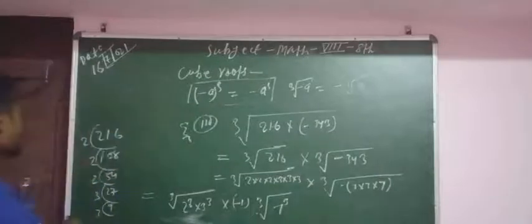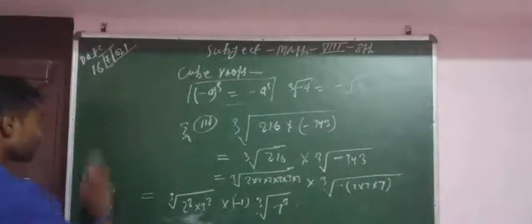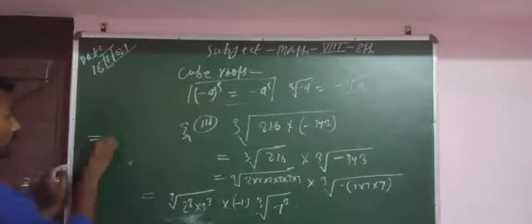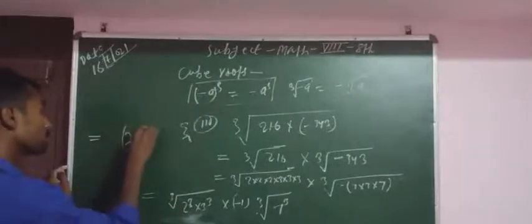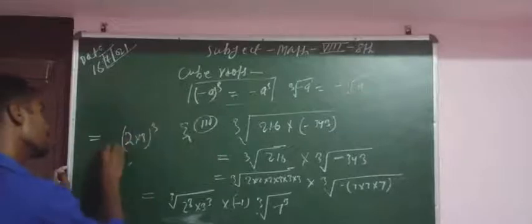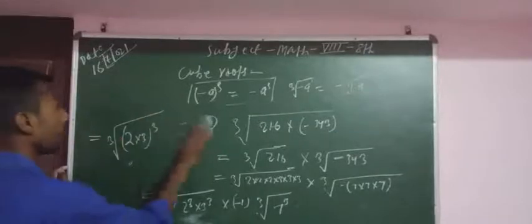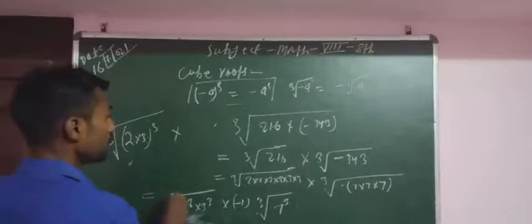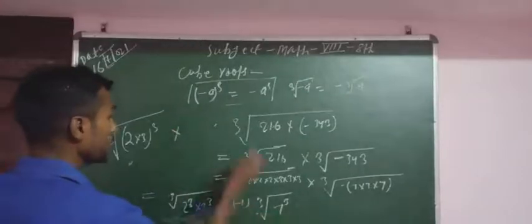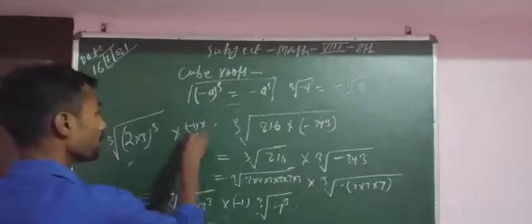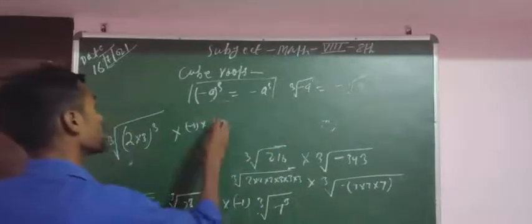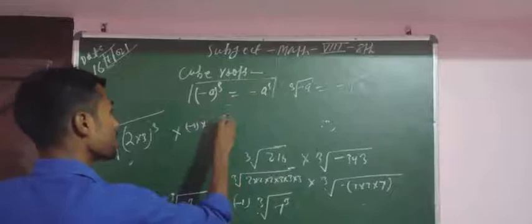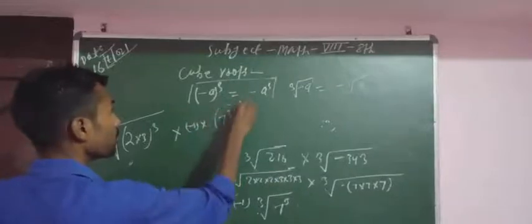So finally that means 2 into 3 to the power 3, and minus 1 into 7 to the power 3, into 1 by 3.